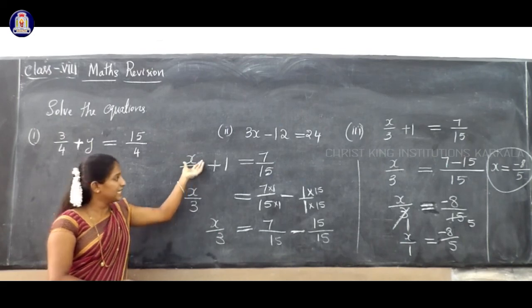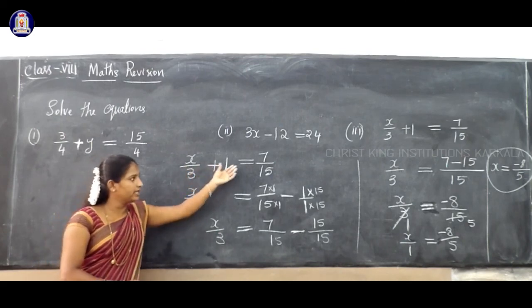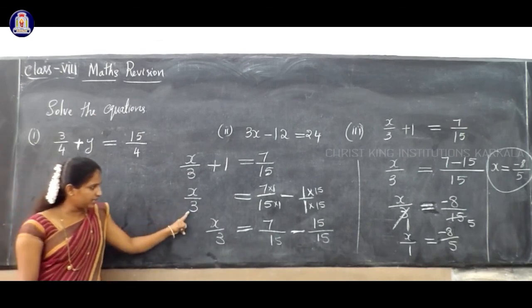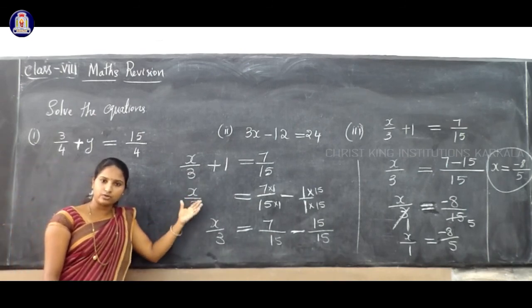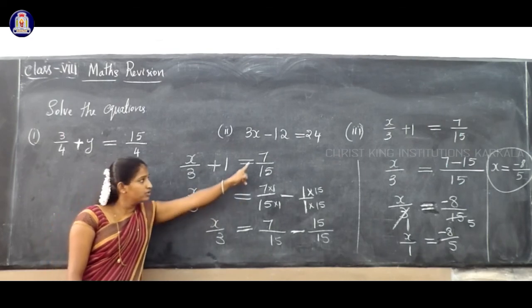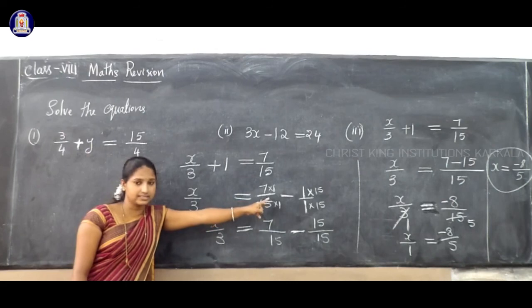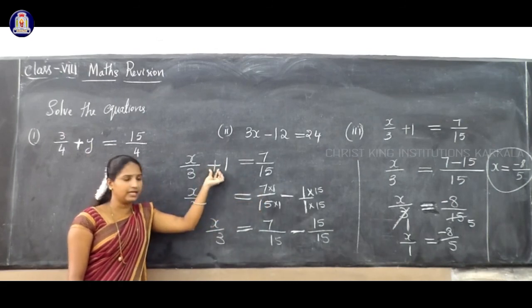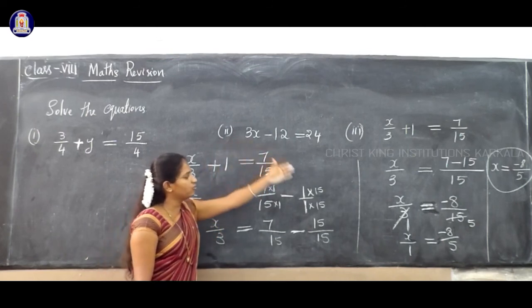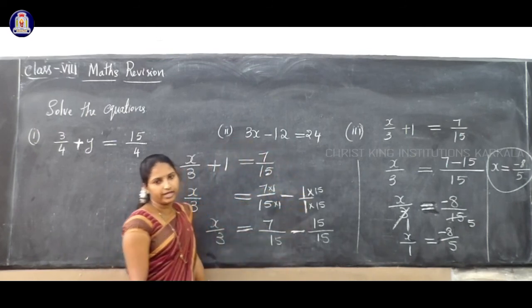So first what we did, just see the equation given in fraction. That means x by 3 plus 1 is equal to 7 by 15. So x by 3, x is a variable, so write it on the same side, the left hand side. So equal to 7 by 15 minus, why minus? Because the sign here is plus. So the plus sign changes into minus. Plus 1 will go to the other side, so we get a minus 1.